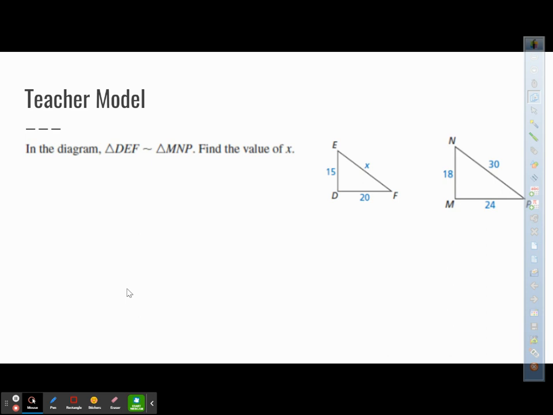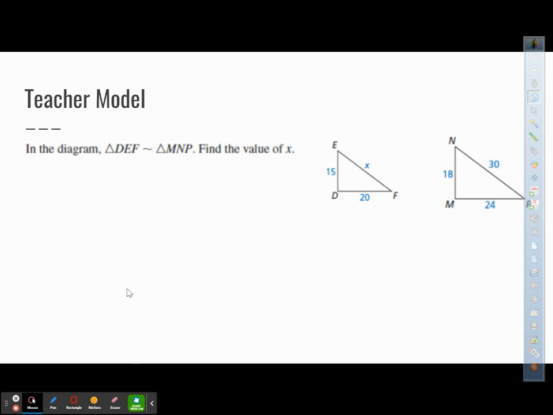Okay, it says, in the diagram, triangle DEF is similar to triangle MNP. Find the value of X. With these problems, it doesn't matter which one you put on top or bottom. You can do the pre-image on top or the image on top. The only thing that matters is, if I put a side of this triangle on top in the first ratio, the side over here has to be on the bottom on the first and second.